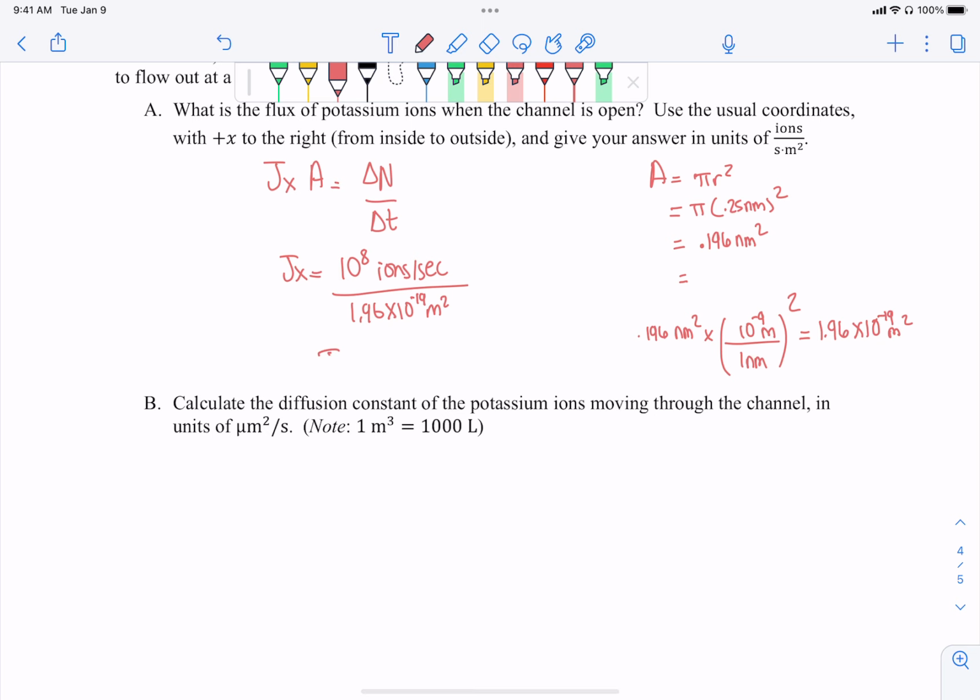Yep. So what did you guys get for our flux here? Yep, we got about the same. I rounded to about 5.1 times 10 to the 26, and that's ions per meter squared seconds.